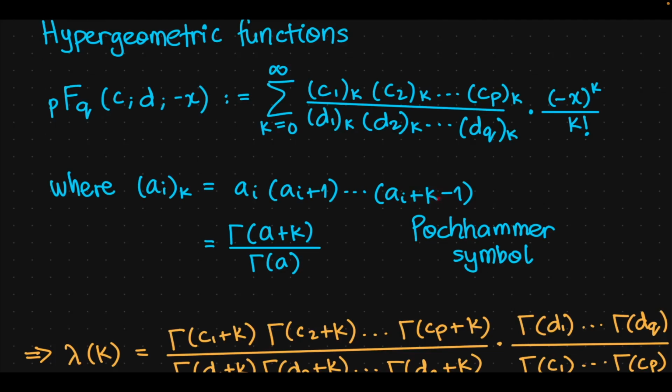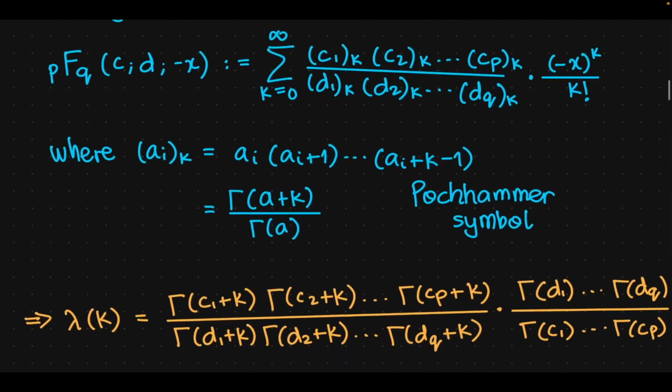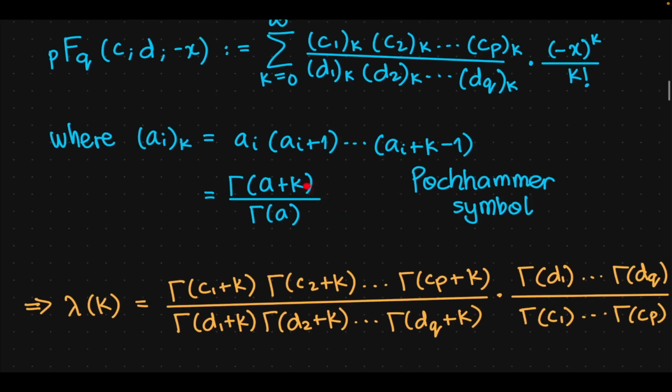You're going until k minus 1. So all in all, there are k terms in this product. And this can be nicely written as gamma of ai plus k divided by gamma of ai. There you go.